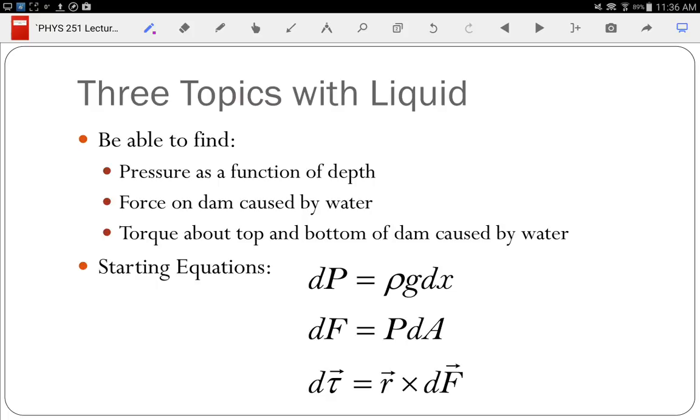So, the topics it could be, with liquid we had 3 topics, 3 things that we dealt with. One was how the pressure changes with depth. Now, the example I did, we had a constant density rho, but you don't have to have a constant density rho, and in fact, density usually isn't constant. As you go to greater depth, you have higher pressure.